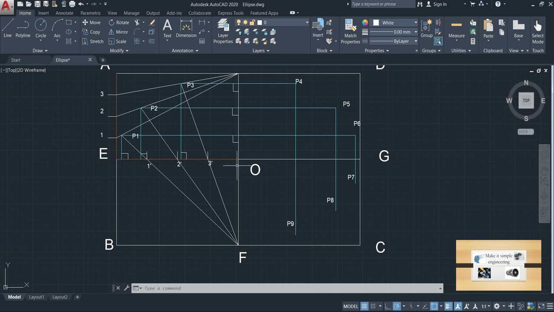OG will be passing through the exact middle of the lines P6 P7, P5 P8 and P4 P9. So this is the next step. After this step you have to extend these three lines to the bottom portion, by the same distance.